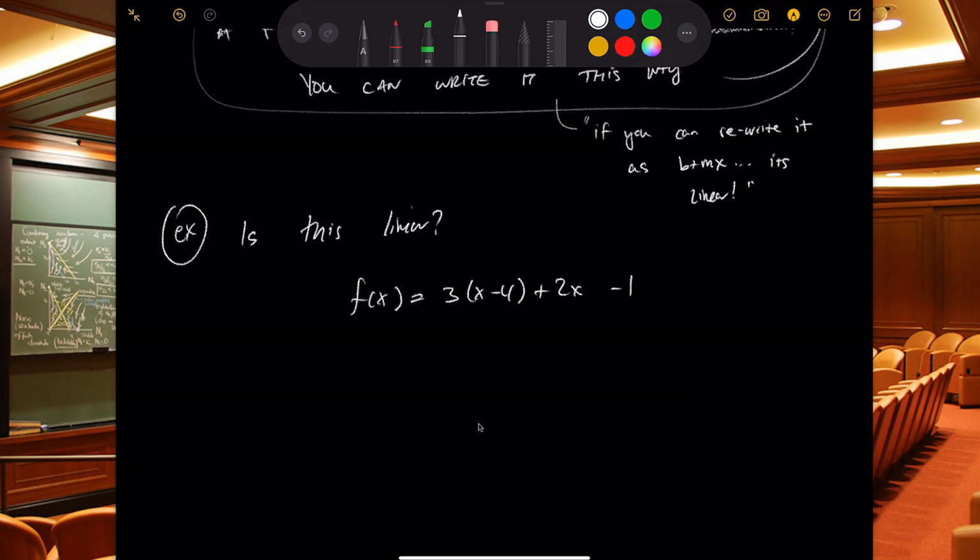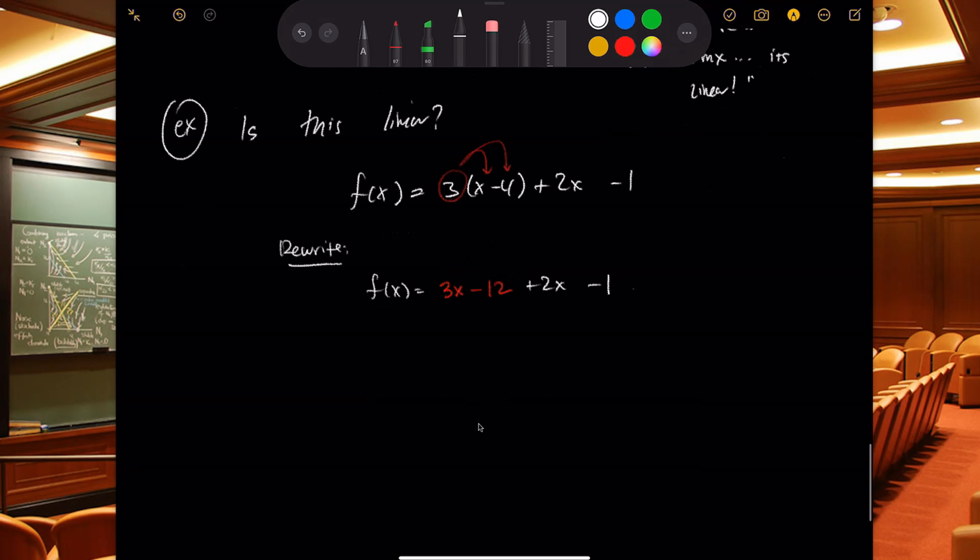So, all right, let me do some rewriting. Let me do some simplifying here. So f of x equals, I'm going to distribute that 3 in, and I'll get 3x. 3 times a negative 4 is minus 12, plus 2x minus 1.